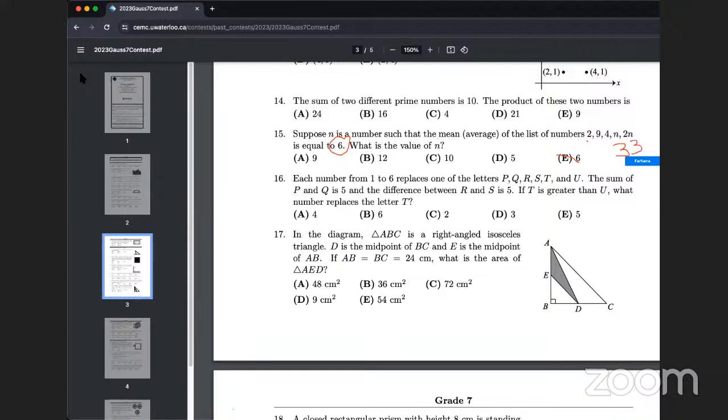If we divide 33 by 5 numbers, 5 doesn't fit into 33, and our options are whole numbers, so the mean would be a decimal. So 6 isn't an option. You get what I'm trying to do?